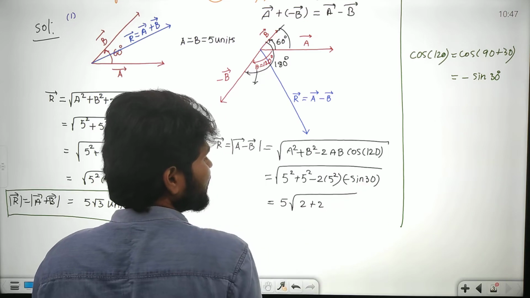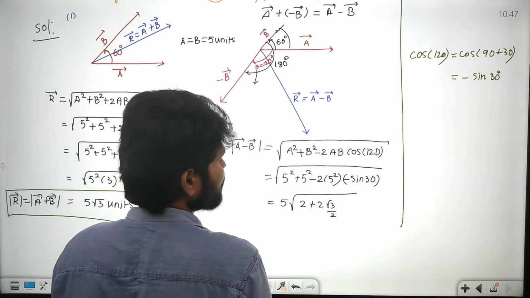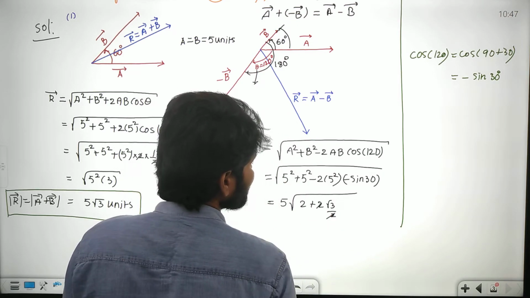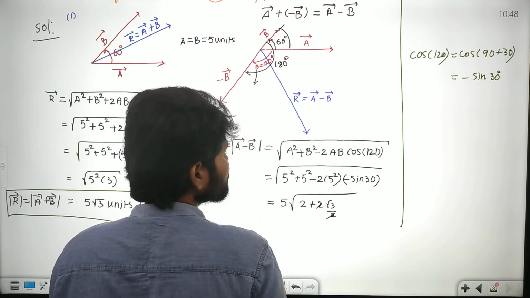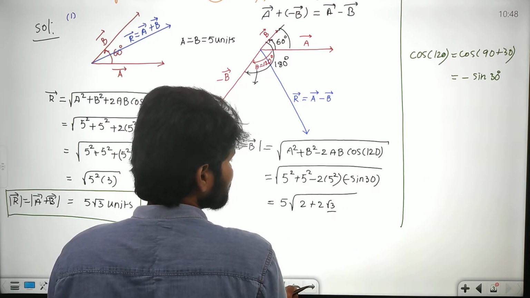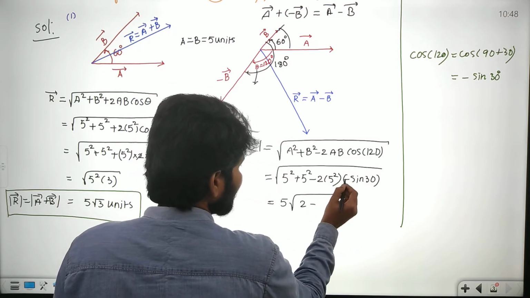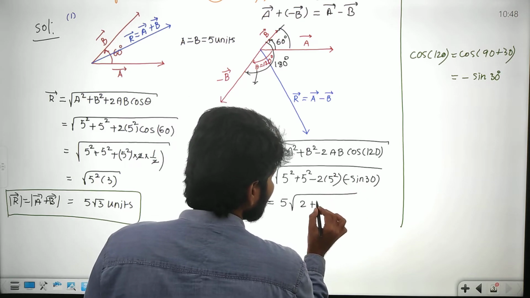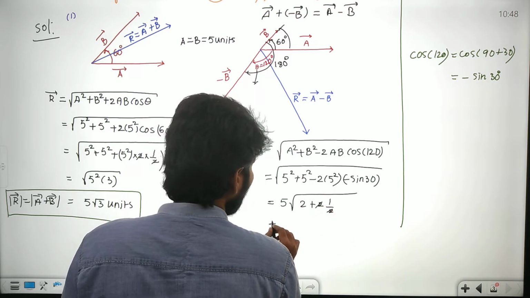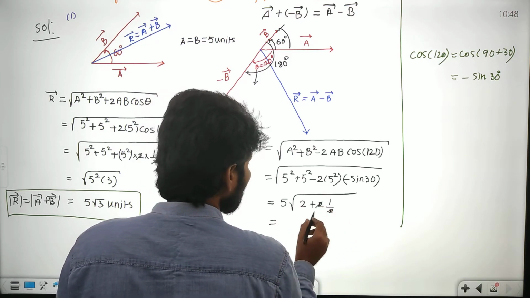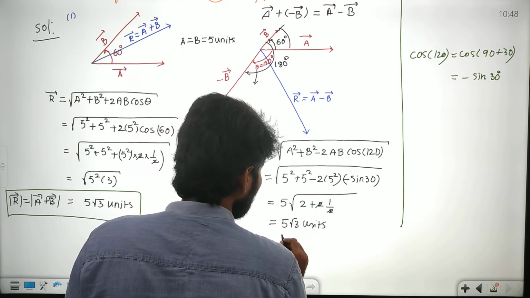This is plus, and what is the sin 30 value? Sorry, sin 30 is 1 by 2. Sin 30 is 2 into 1 by 2. Again this will cancel, and I got 5 root 3 units.